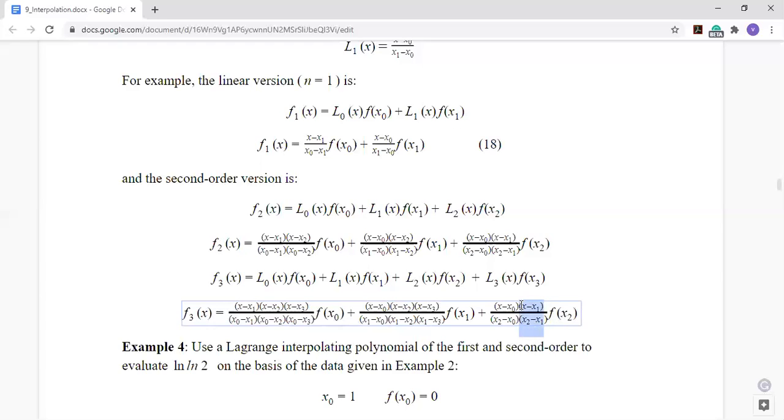I'm a bit slow, so you can just look at the general trend. So here's x minus x2. Then for the denominator, it's going to be x2 minus x3.